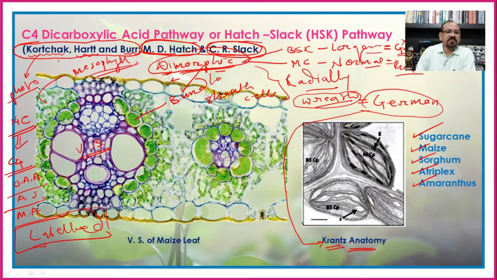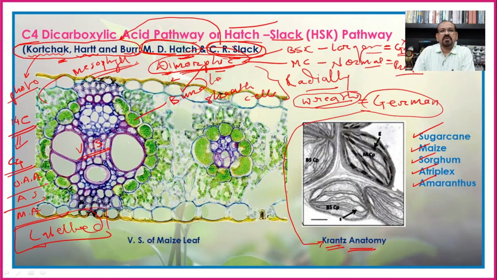So the discovery of Kortschak, Hart and Burr were confirmed by M.D. Hatch and C.R. Slack, and hence on the basis of the name of the scientists who confirmed this pathway, it is considered as a Hatch and Slack pathway.